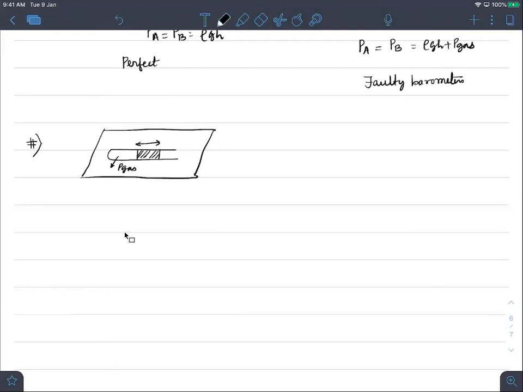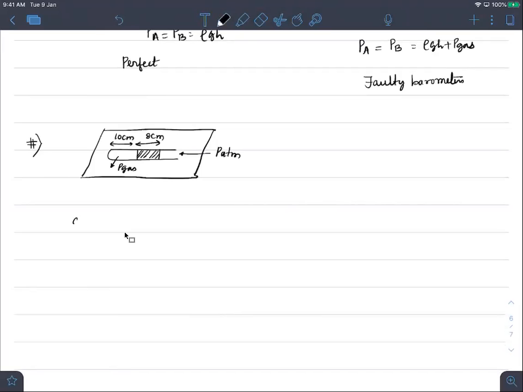The height of this column, let us say, take this as 8 centimeters, got it? And this height originally is 10 centimeters. This is how it originally is. And from this end, from outside, there is an ATM pressure acting. This is originally how it is.